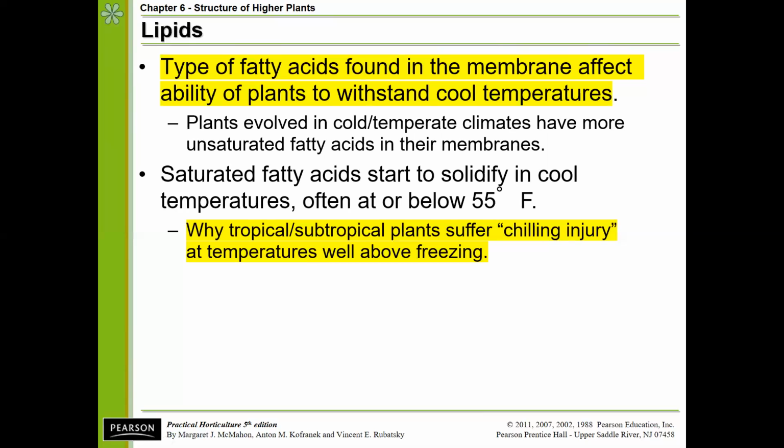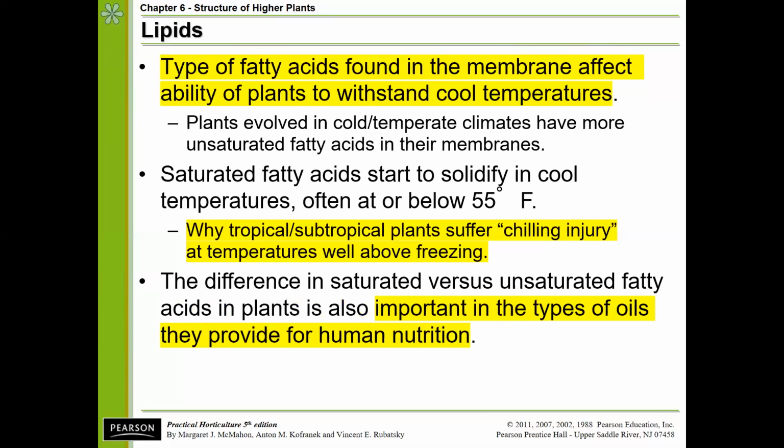So even though it's not frost damage, you can have chilling injury just as a result of the types of fatty acids that are in the plant. Again, they're important, especially in oils, for human nutrition.